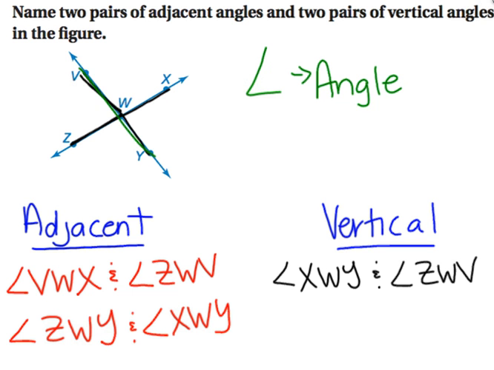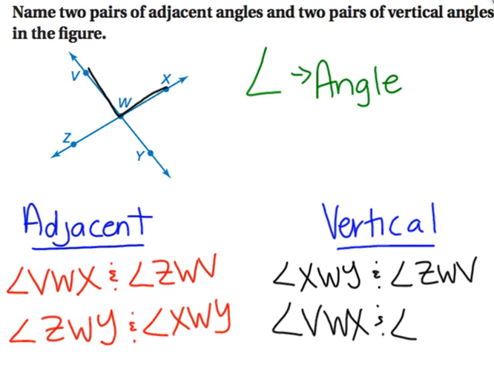And then the second set of vertical angles, I can use maybe the top and bottom one instead of left and right. So VWX, and angle ZWY. So again, I'm kind of just picking some.